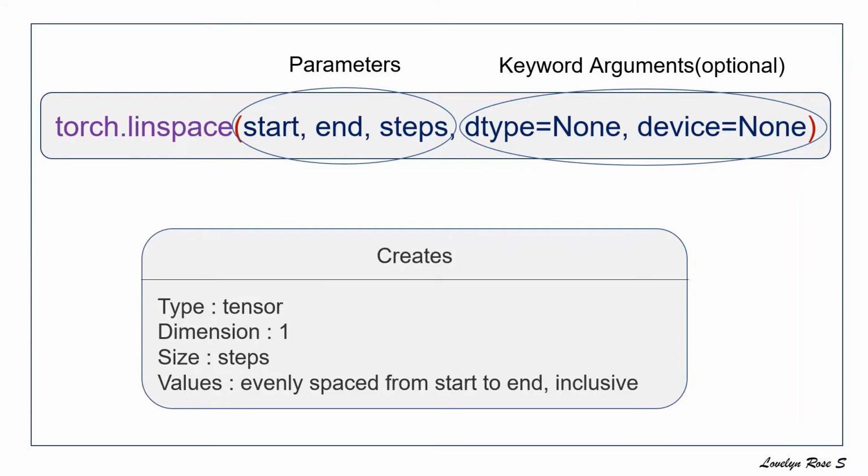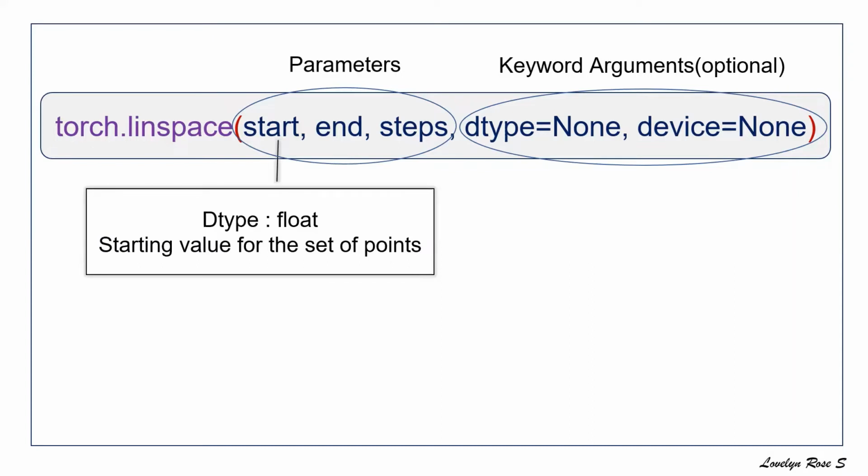Linspace creates a one-dimensional tensor, and the number of elements in the tensor is given by steps. The values in this tensor are evenly spaced from the start value to the end value given, inclusive of both the start and the end values.